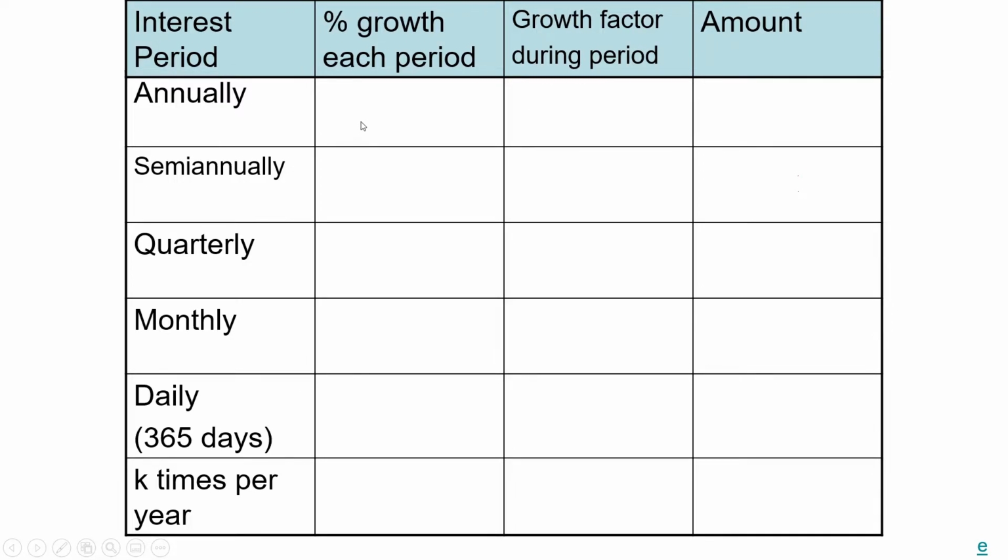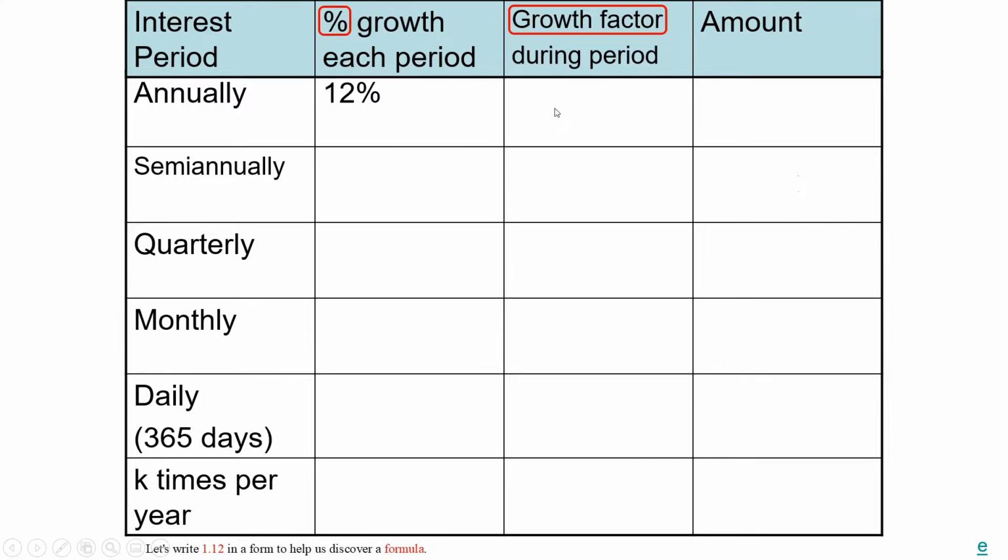So percent growth each period. Okay, well, annually means, and we're at that 12% still, so each period we're going to get 12% interest. So our growth factor, and you guys know that's going to be 1.12, but I'm going to write that in a way so I can start to develop my formula. Okay, and again, let's write 1.12 in a form that helps us discover a formula.